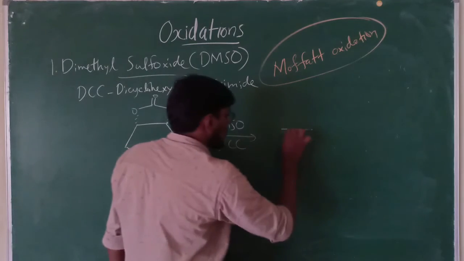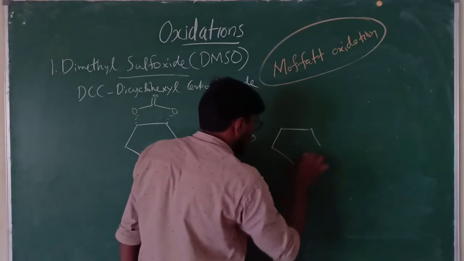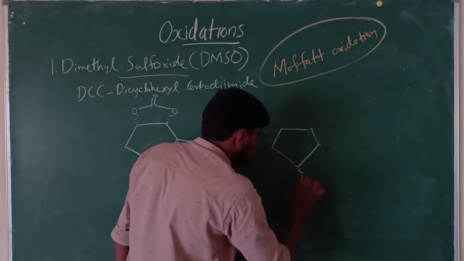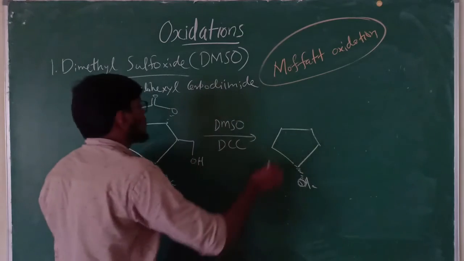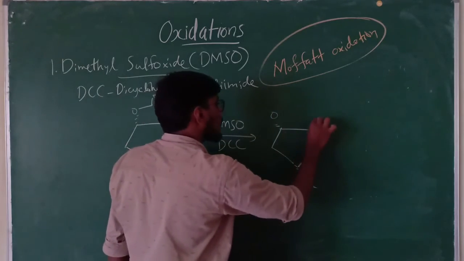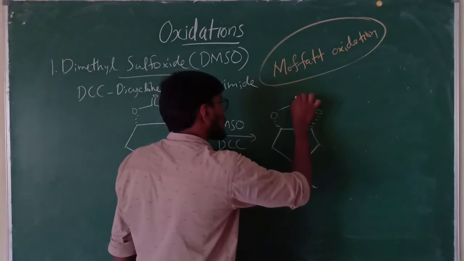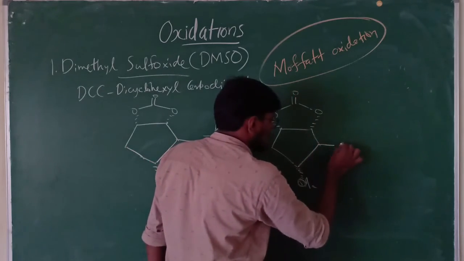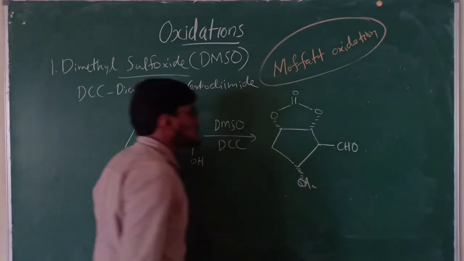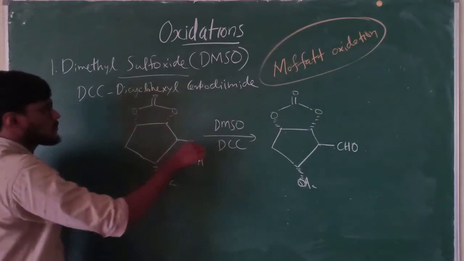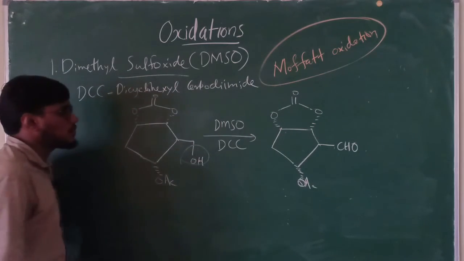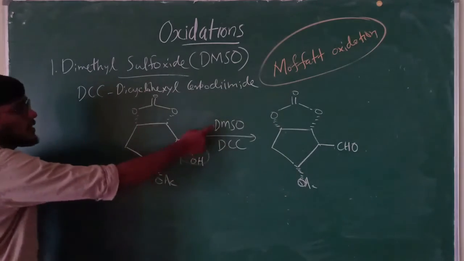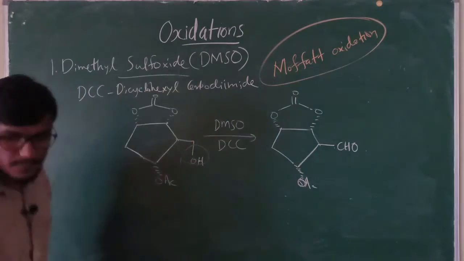So the product is OAc, then O, then C double bond O, here CHO. This alcoholic group is converted to the aldehyde group using DMSO and DCC.